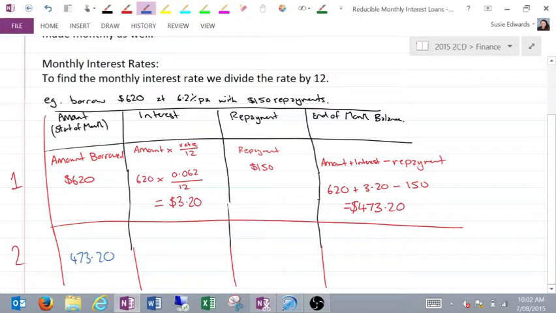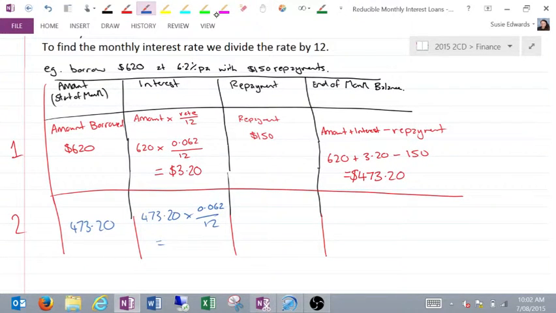How do I find the interest? Same way, so we're going to go 473.20 times by 0.062 over 12. We're not going to write this every time, we're just going to write it for the next month. What does that equal? Will it be more than $3.20 or less than $3.20? Less, okay? So be aware of that as you're going through it. Someone got it? $2.44.